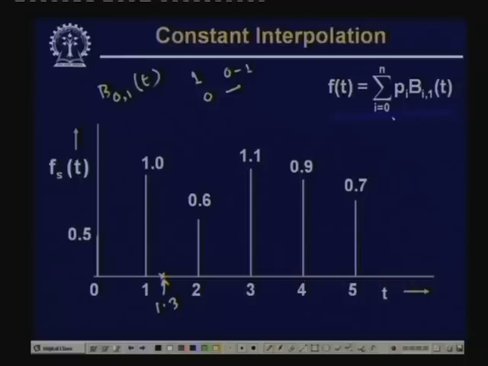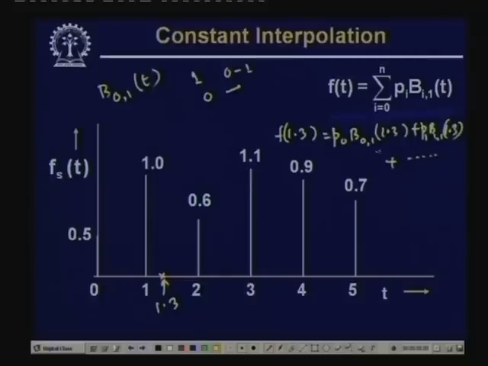To do this, my interpolation formula says that f(1.3) should be equal to p_0 into b_01(1.3) plus p_1 b_11(1.3) and so on.